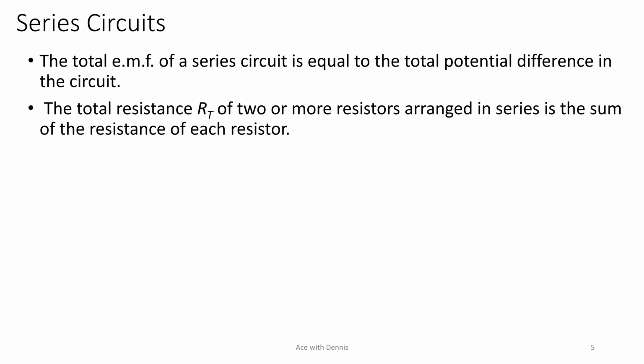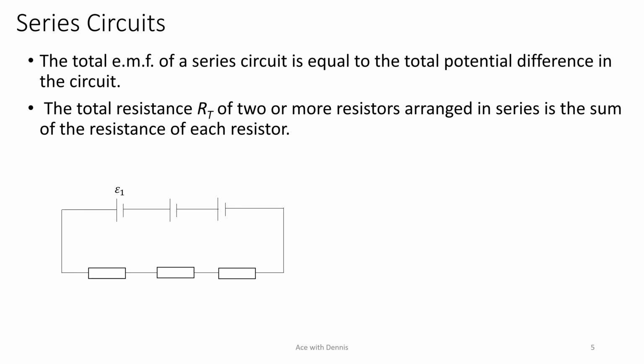The total resistance, RT, of two or more resistors arranged in series is the sum of the resistance of each resistor. So this diagram shows that the cells are connected in series, hence the total EMF is EMF1 plus EMF2 plus EMF3.